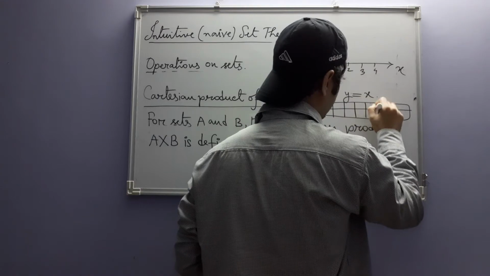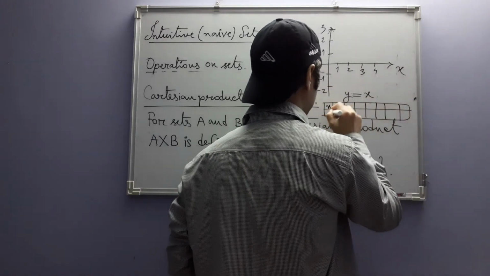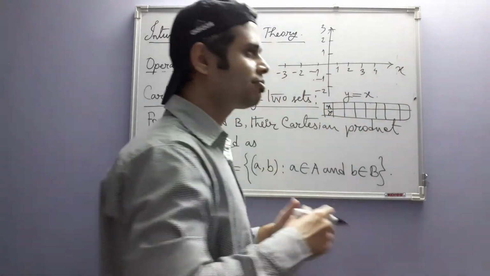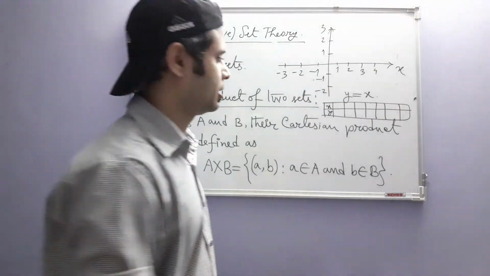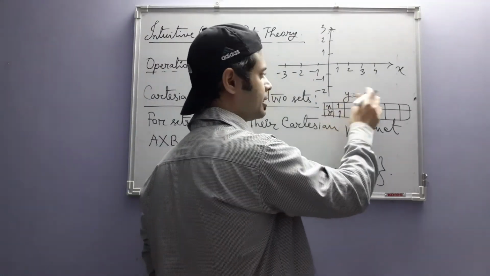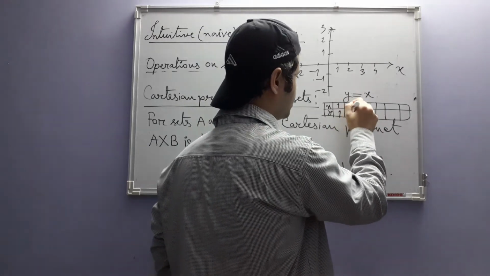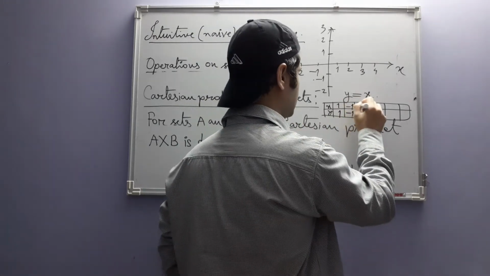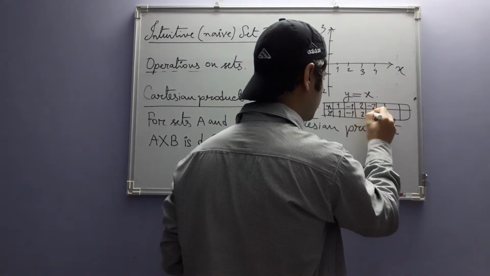We have constructed a table like this, x, y, and we have put various values for x and y. For example, if I take 1, then I get 1 because x and y are equal. If I take -1, I get -1. If I take 2, I get 2, -2, -2.